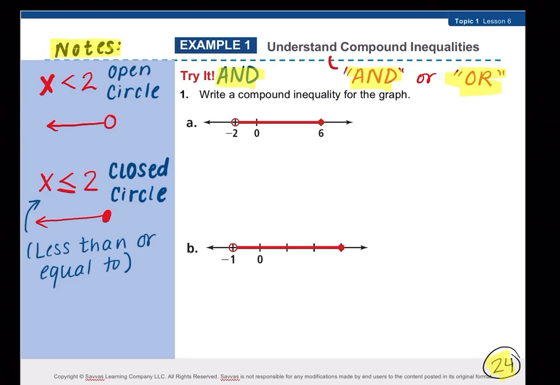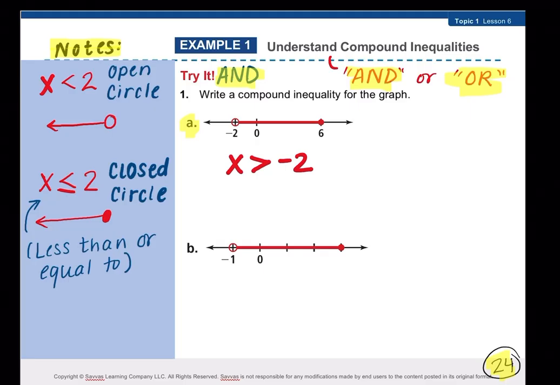So if you see the difference, like looking at example A, I don't have an arrow going to one side. I have a shaded part in between 2 points, right? So what do I see? The shaded part is what x is equal to. So I see that x is greater than -2, not equal to because it's an open circle, right?